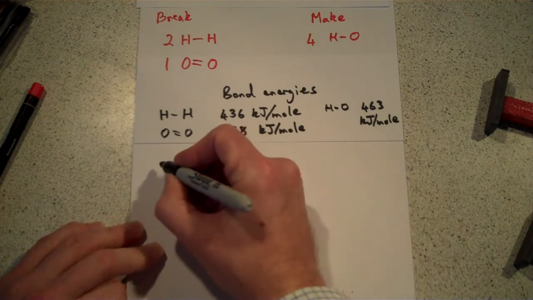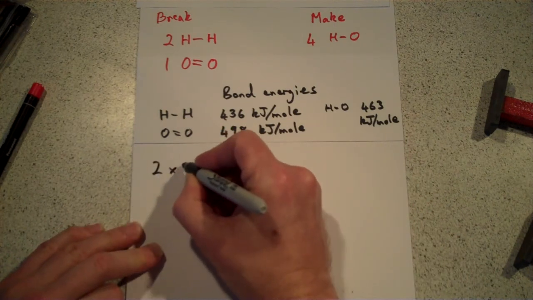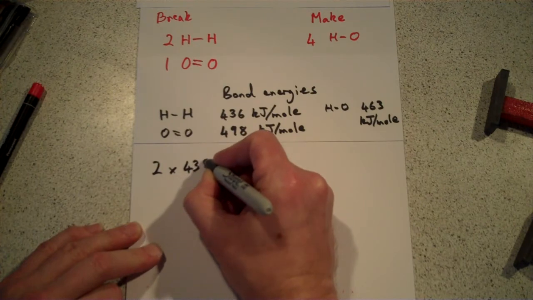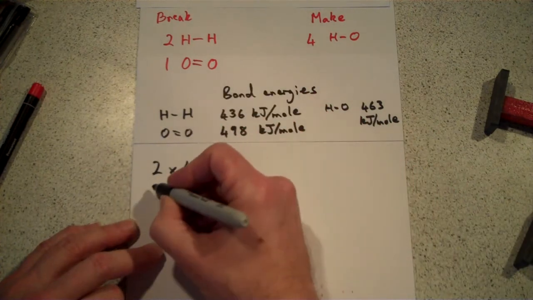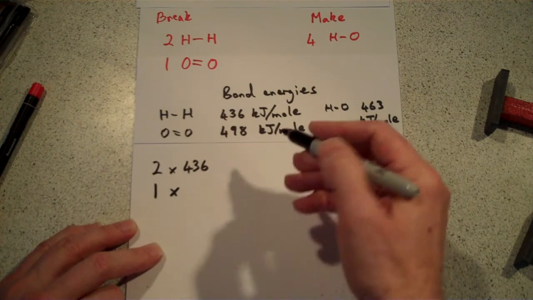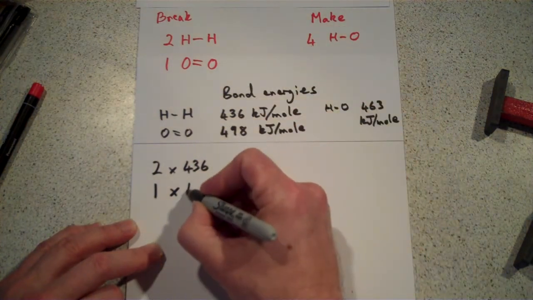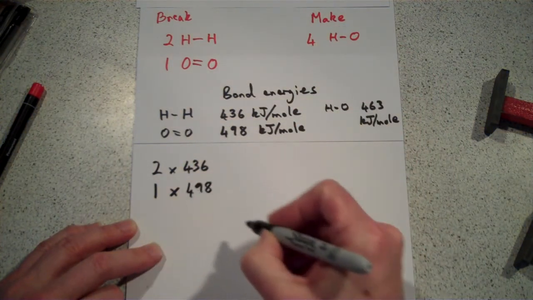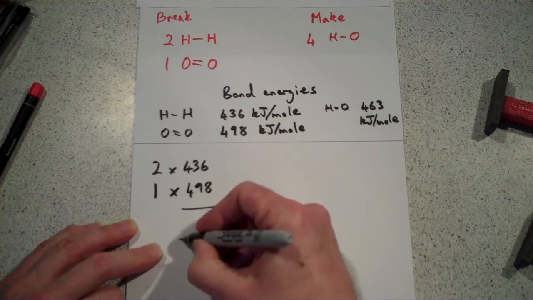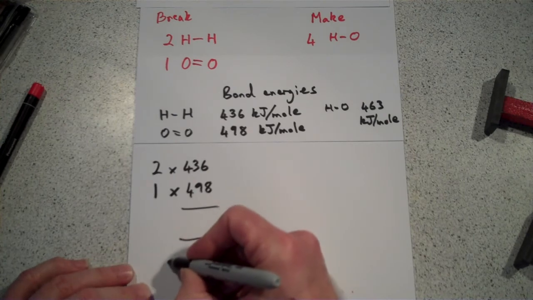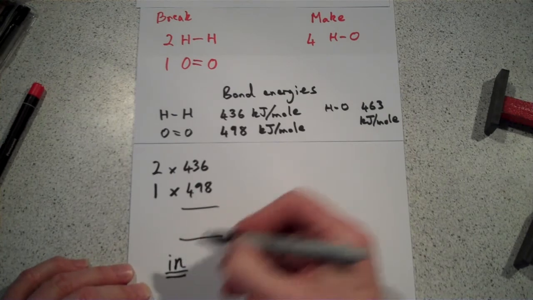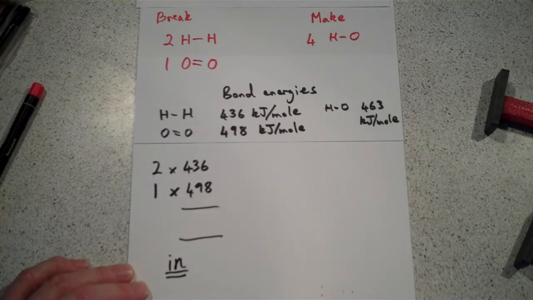So we're breaking 2 lots of bonds that take 436 kilojoules to break. We're also breaking 1 lot of oxygen-oxygen double bonds here, and they take 498 kilojoules of energy. And those are all the bonds we break, and that's the energy we're putting in, the endothermic part.